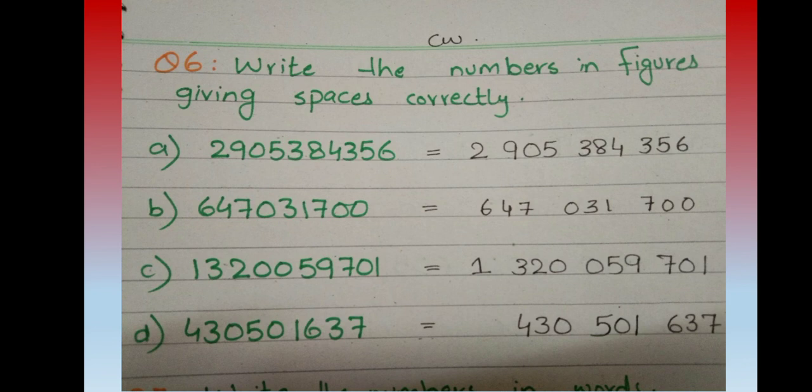Starting from the unit side we will pick up 3 digits, 3, 5 and 6, and place them, and then we place a space on its left side, and then we write the other 3 digits, that are 3, 8 and 4, and then a space, and then we write 905 and then a space, and the last one is 2. So we have divided this number into 4 divisions, and now the other parts will be done by you.